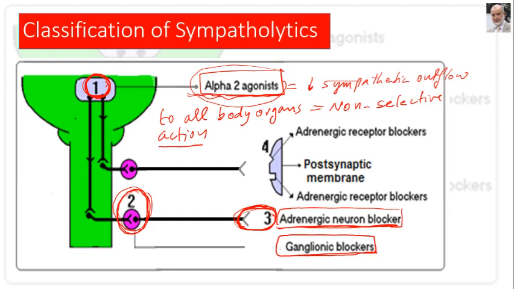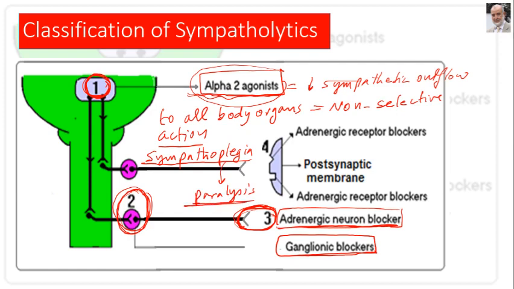That's why these drugs are generally known to produce what's known as sympathoplegia. Sympathoplegia means paralysis of the sympathetic nervous system.